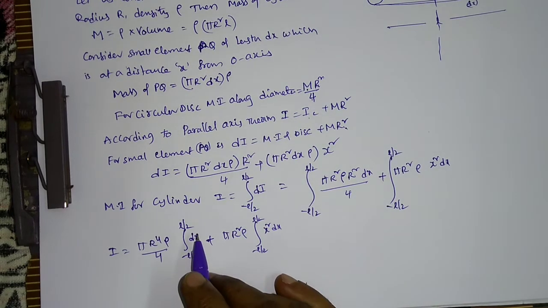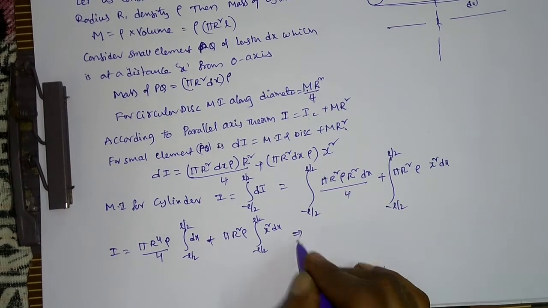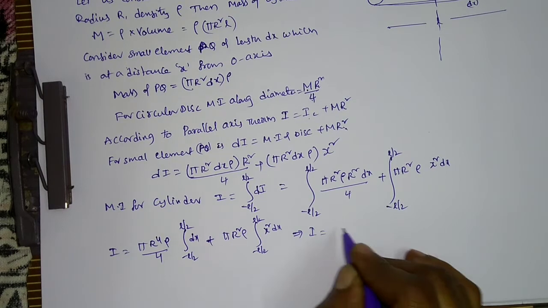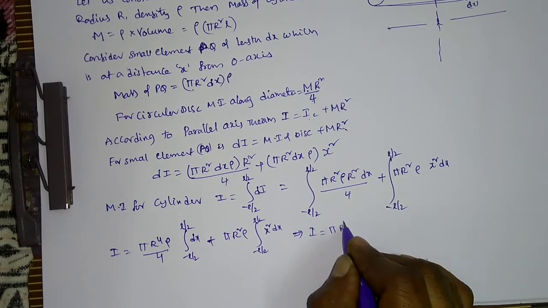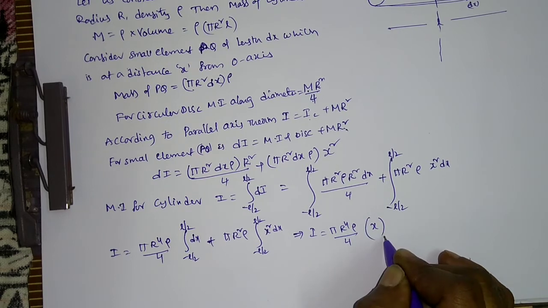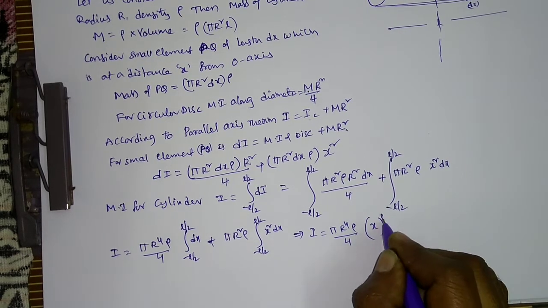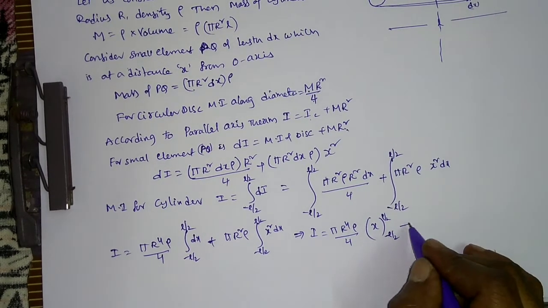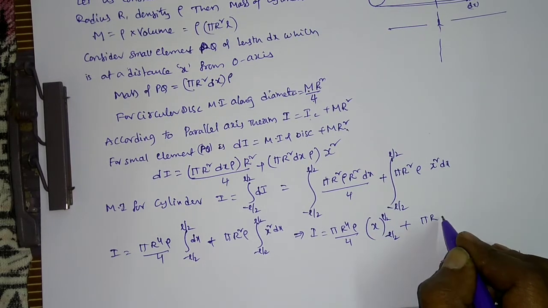The integration of dx is x only. Again, I is equal to pi r power 4 rho by 4 into x with limits minus L by 2 to L by 2, plus pi r square rho.